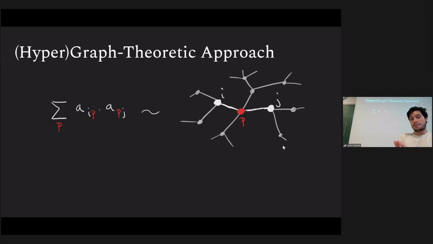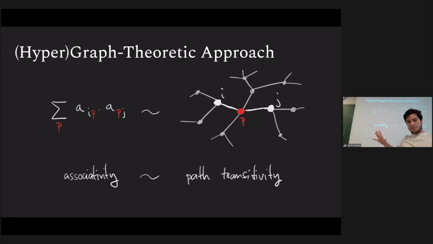I actually took inspiration from graph theory, where in graphs you have an adjacency matrix, and this is what we were talking about on Monday, where you have some intermediary index P, and then 2 indices I, J, so you represent the adjacency matrix by this kind of pattern.